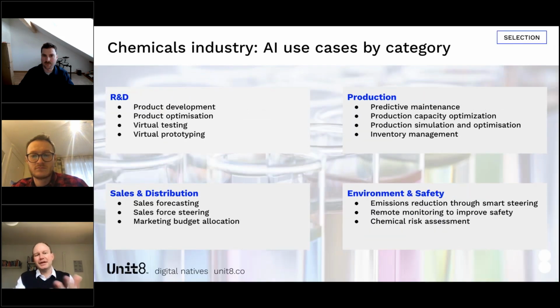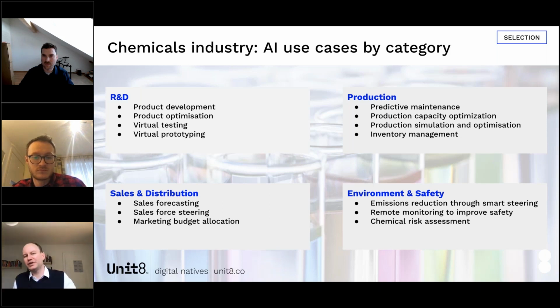Now, if we jump into the chemicals industry, there really are 4 categories of use cases where AI is typically applied. You see them here. Again, if we start at the beginning of the value chain, it would be R&D. AI is used with product development, and we will come to that also later, even virtual testing and prototyping.